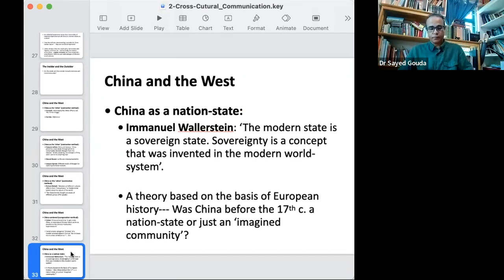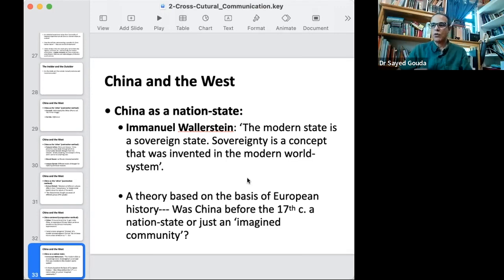For example, some Western scholars pose the question, is China a nation state? And as a definition of nation state, let's take this definition by Immanuel Wallerstein. He said the modern state is a sovereign state. Sovereignty is a concept that was invented in the modern world system.